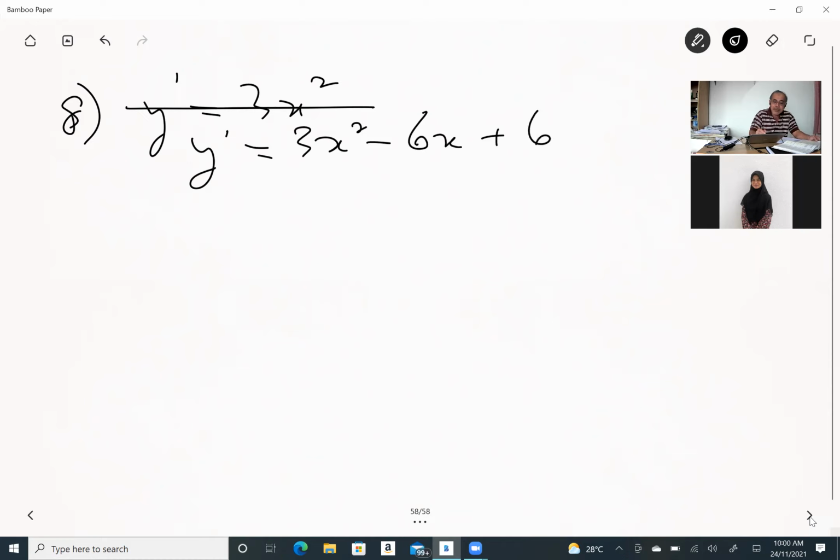Okay, you have that equation. If you set that to 0, you will find the roots. I want you to use the formula.